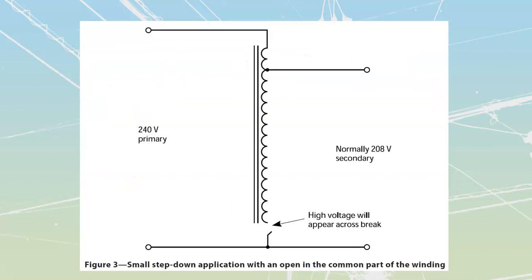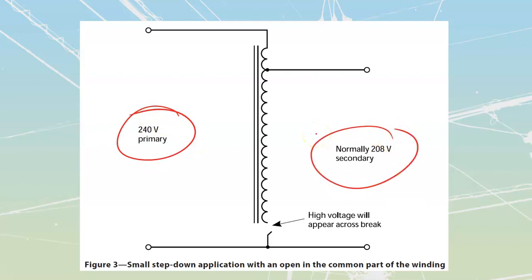There's another issue that can happen with auto transformers, and that's where I'm using it to do a small step over here. So right now I've got a primary side of 240 volts, and a secondary that I'm going down to 208.